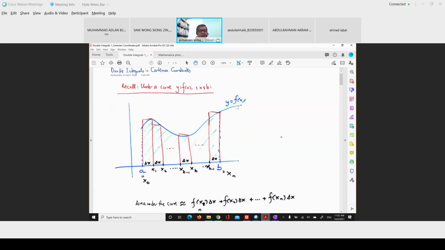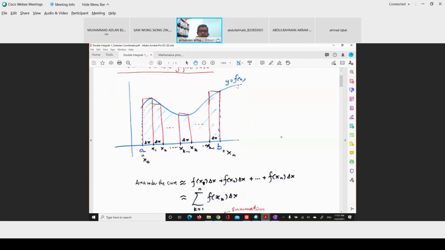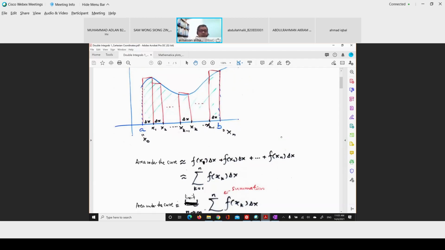Before discussing the double integral, let's recall how this idea of integration came about.